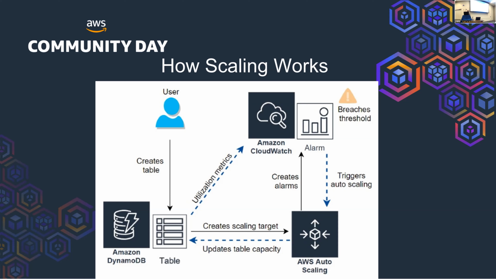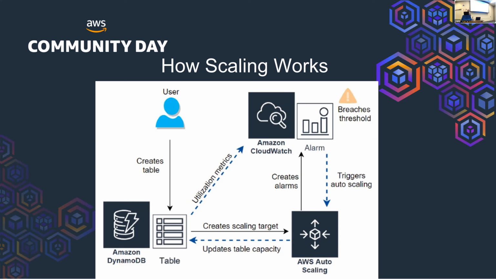And application auto scaling is one of the listeners to that alarm. So auto scaling will kick in and adjust the table provisioned capacity, so that it keeps the capacity below the utilization ratio.